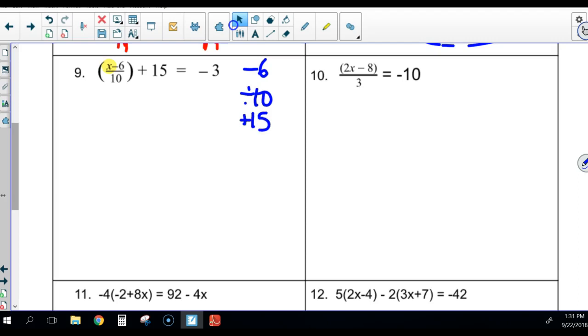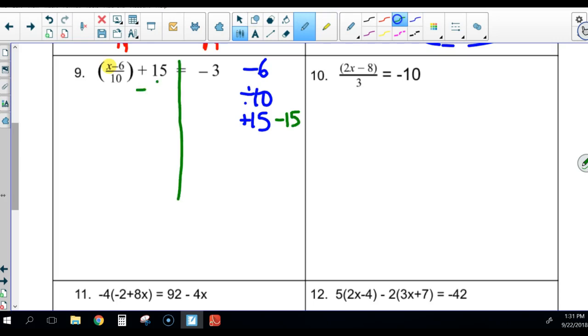So now that I'm working backwards, I'm going to undo each one of those three things, starting from the bottom up. So I am going to subtract 15 from both sides. So minus 15, minus 15. That goes away. X minus 6 over 10 equals negative 18.